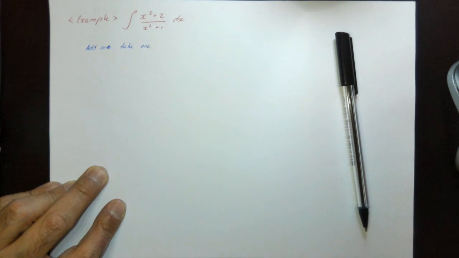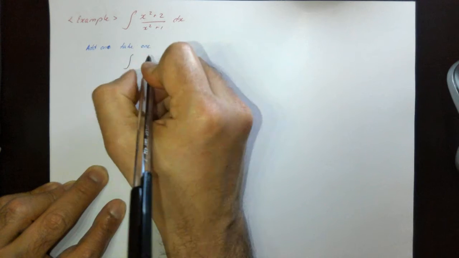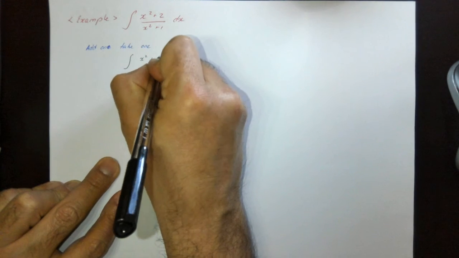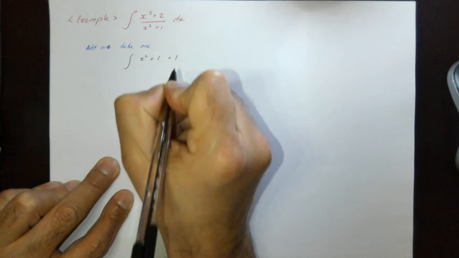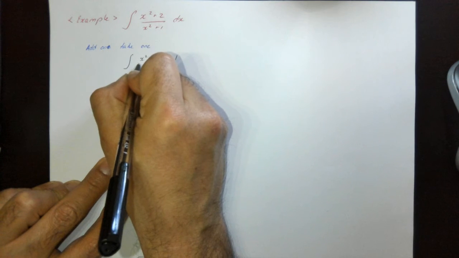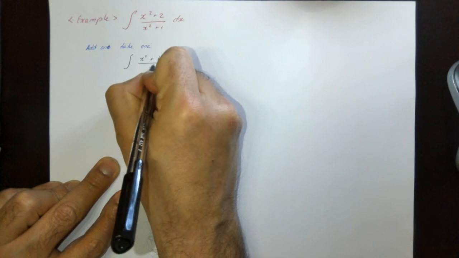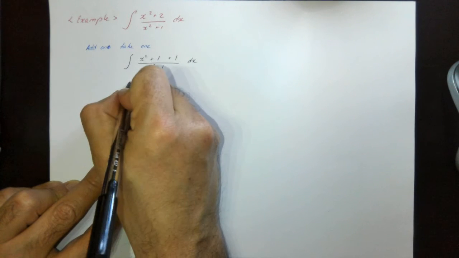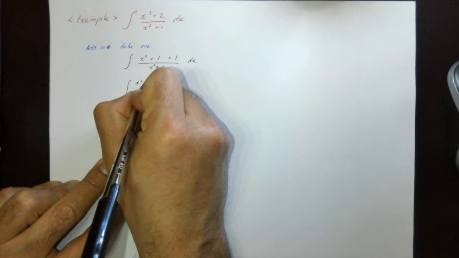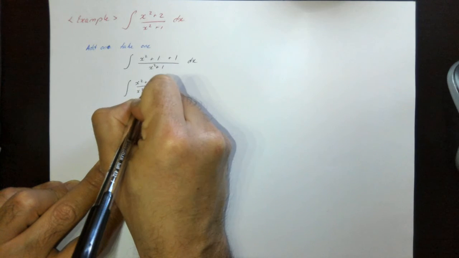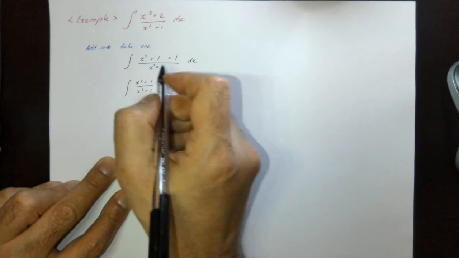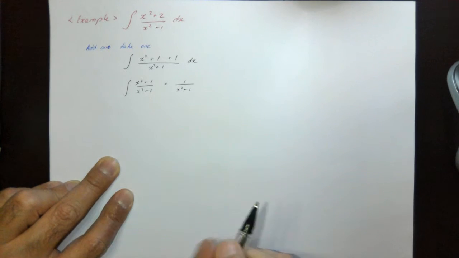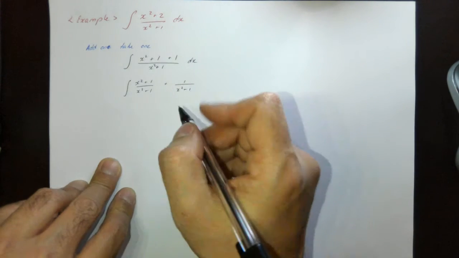Because what I could do at the top, right, x squared, that 2 I can replace with plus 1 plus 1. And I can split that as x squared plus 1 over x squared plus 1, plus 1 on x squared plus 1. Yeah, because that's both the same thing.